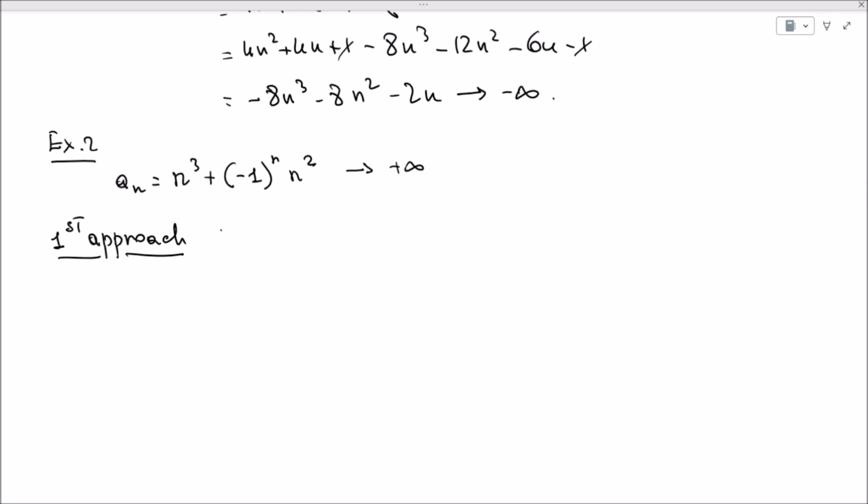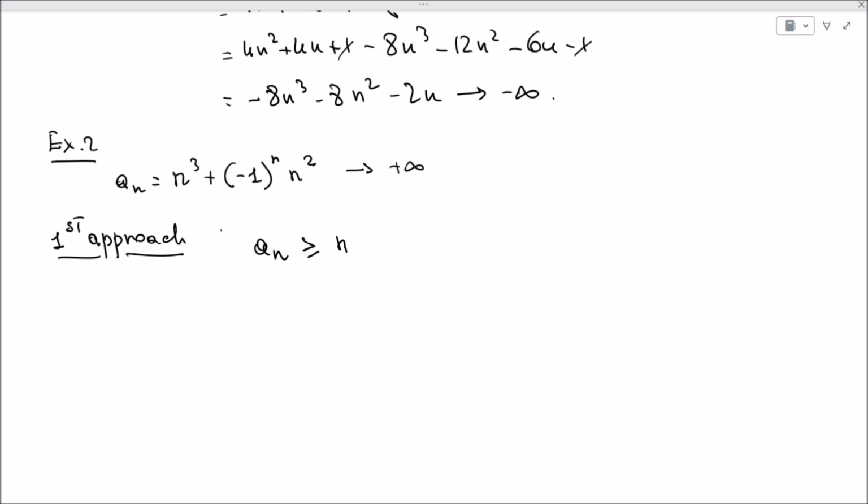would be to use the squeeze theorem somehow, right? So because we have a feeling that this will diverge to plus infinity, we would like to write that a_n will be larger than or equal to something that clearly goes to plus infinity.